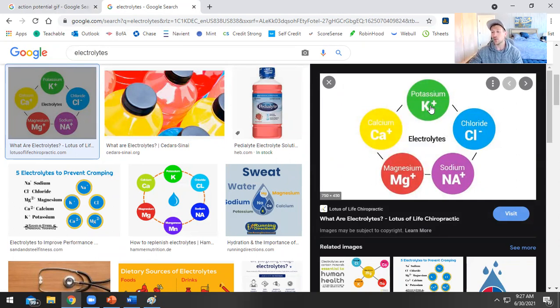The big ones are going to be sodium and potassium. These are the two that we're going to spend most of our time talking about. But magnesium is an electrolyte that we are often lacking in. Chloride a little bit because you're going to get that associated with sodium. Calcium a little bit. But the big ones are going to be sodium and potassium.